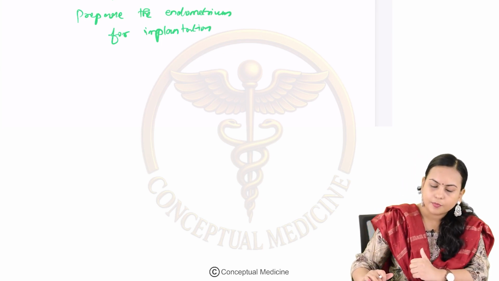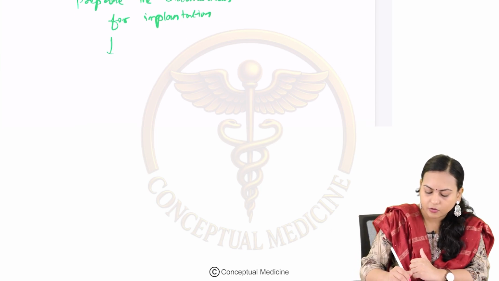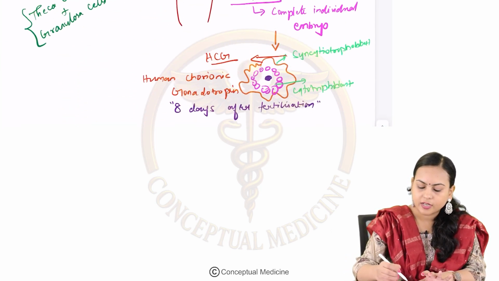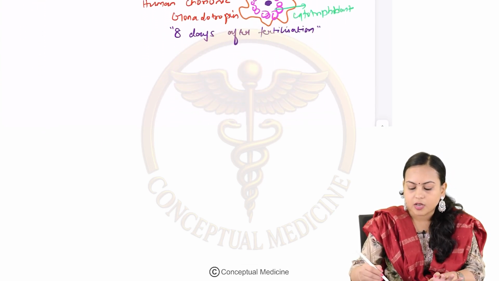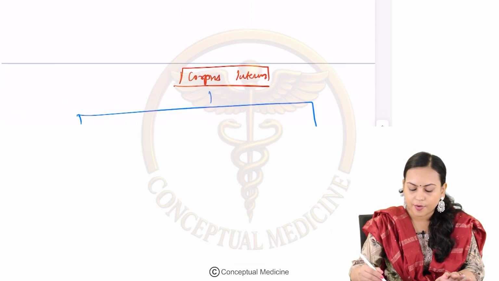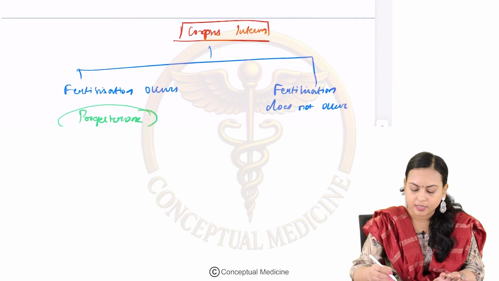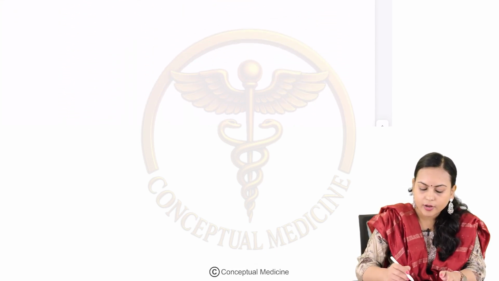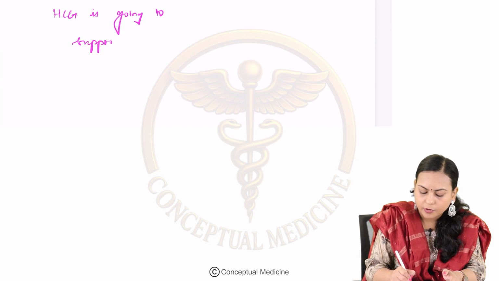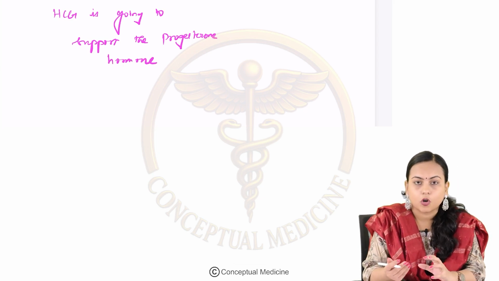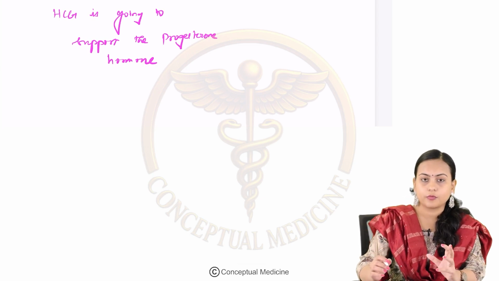Suppose fertilization occurs, and as we have seen, the blastocyst is formed and then differentiates into syncytiotrophoblast and cytotrophoblast, and HCG is produced. Now this HCG is going to support the progesterone hormone by helping the corpus luteum to secrete more progesterone.